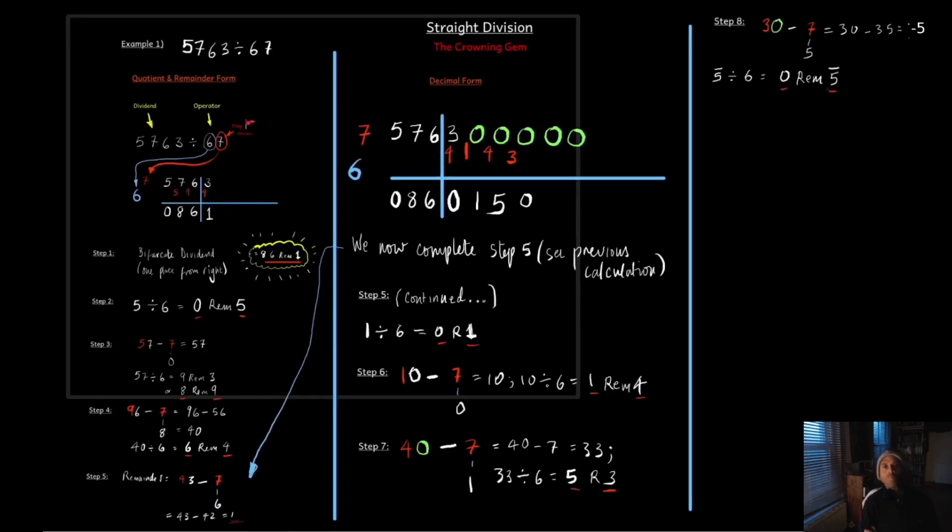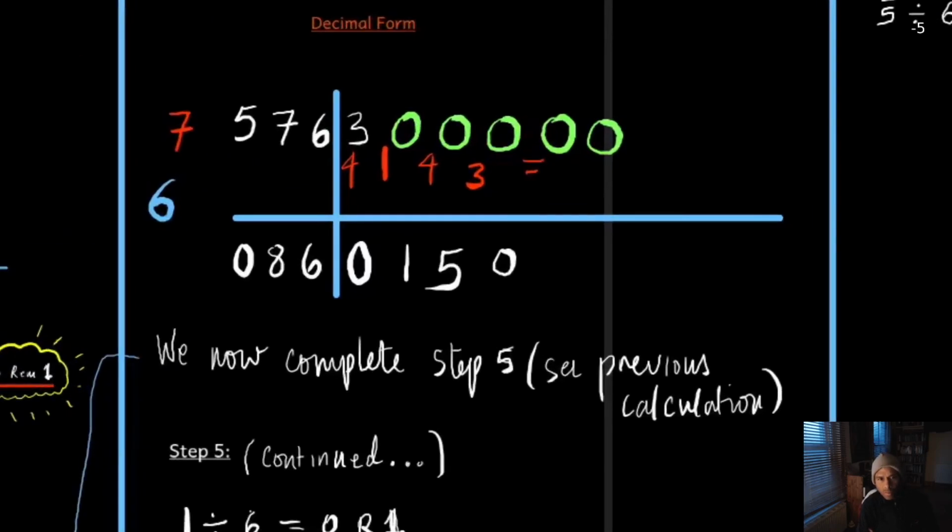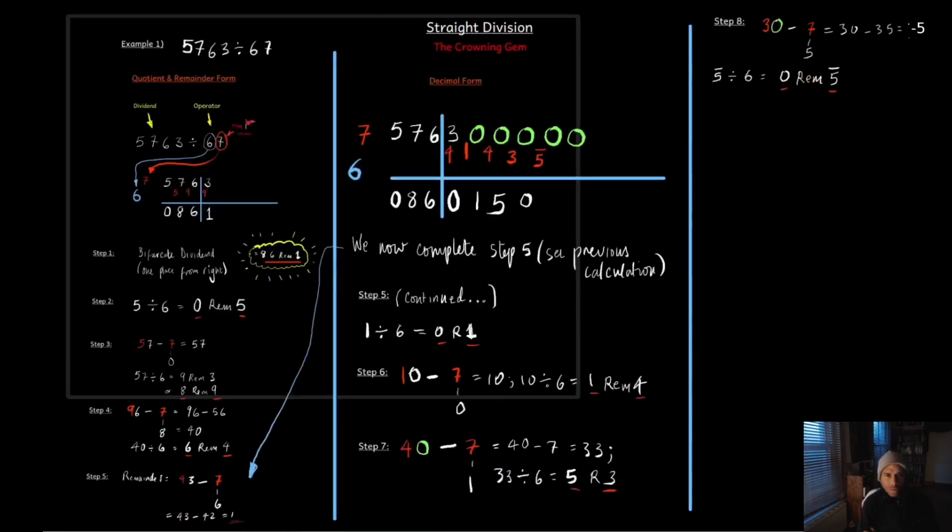Now step 9. We've got a gross dividend of minus 50 now. We want to take away the flag digit, which is 7, multiplied by the latest quotient digit, which is 0. So it's minus 50 minus 0, which is minus 50.